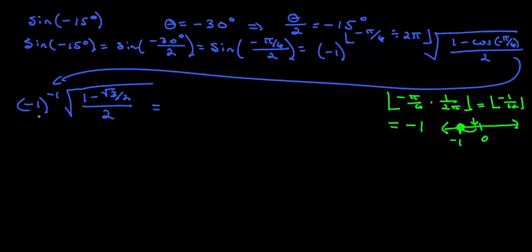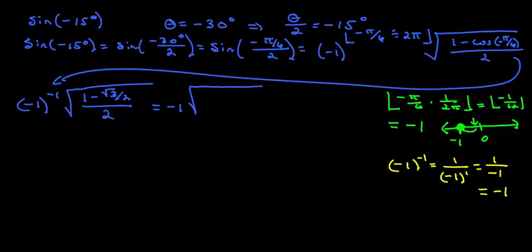So this right here, okay, I'll do that again as a side note. Negative 1 to the negative 1 is equal to 1 over negative 1 to the 1, which is equal to 1 over negative 1, which is equal to negative 1. This is going to be 2 minus the square root of 3 over 2 divided by 2.